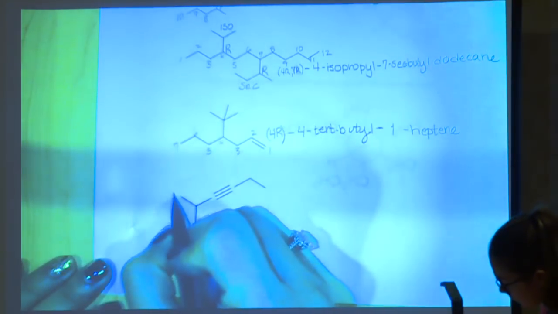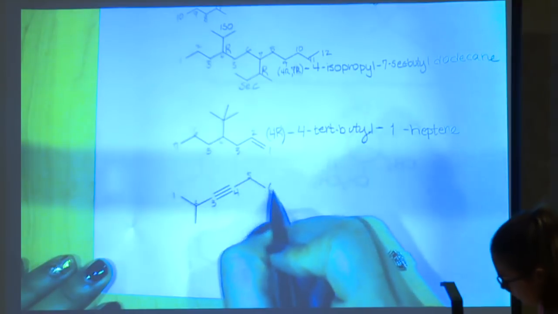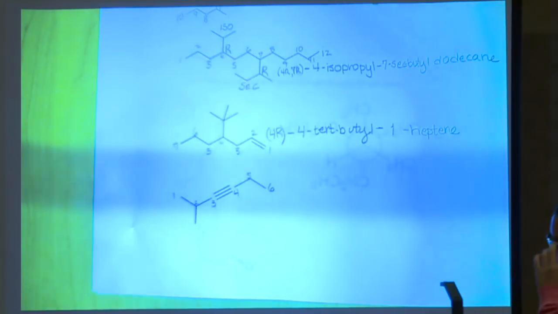So now for this one. Hexyne. And where do I start numbering? Left or right? Okay.